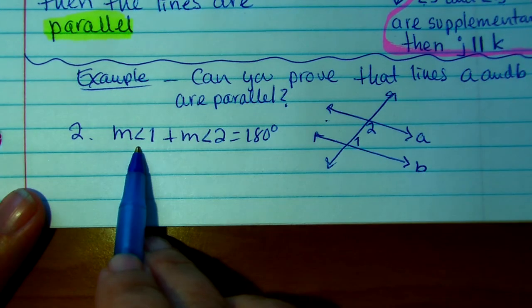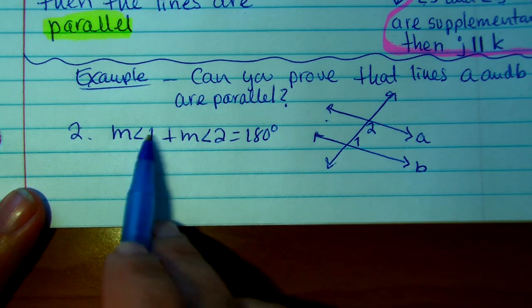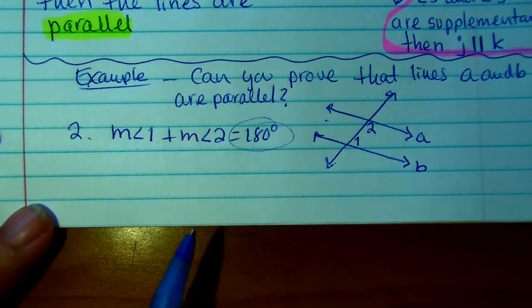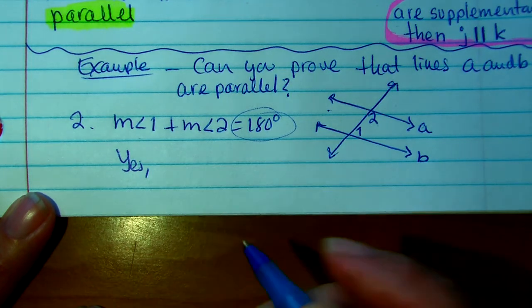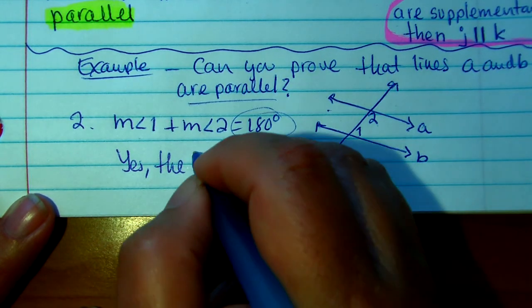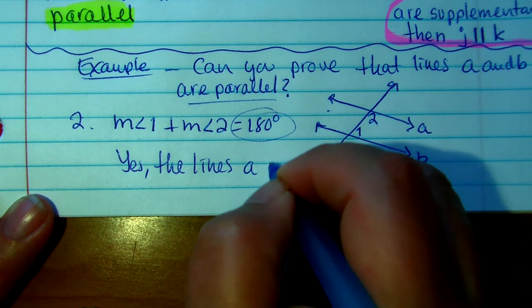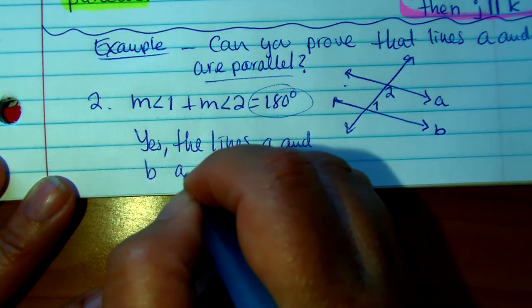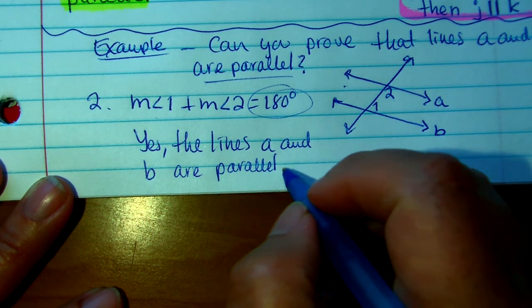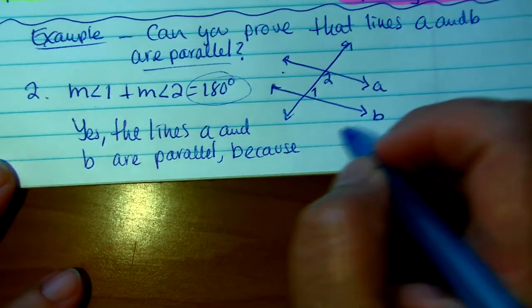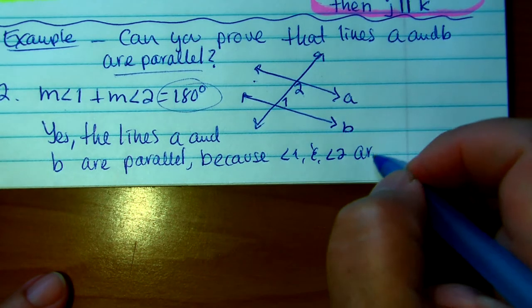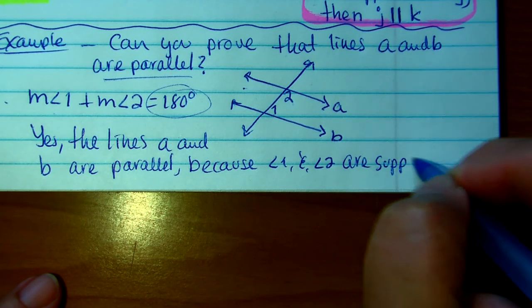So if we add those two, the measure of angle 1 plus the measure of angle 2 is equal to 180, we can say yes, the lines are parallel. Yes, the lines A and B are parallel. Because angle 1 and angle 2 are supplementary.